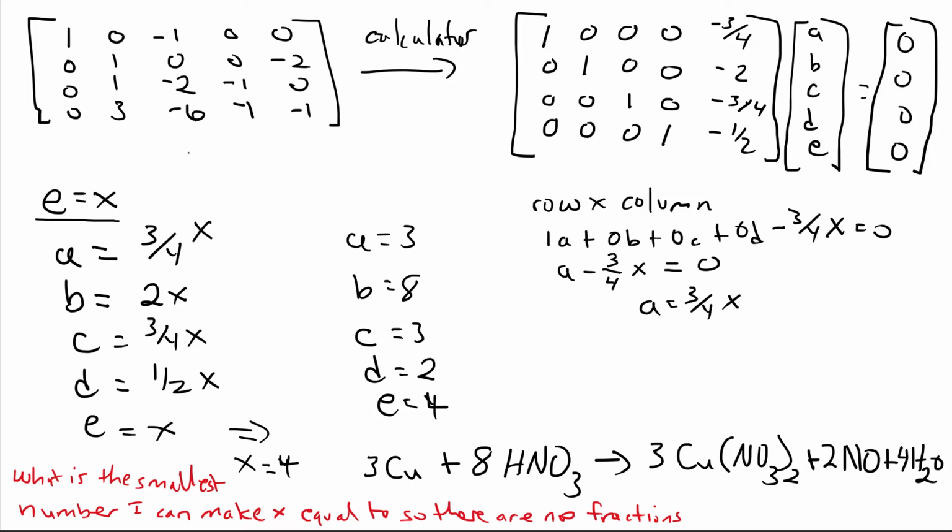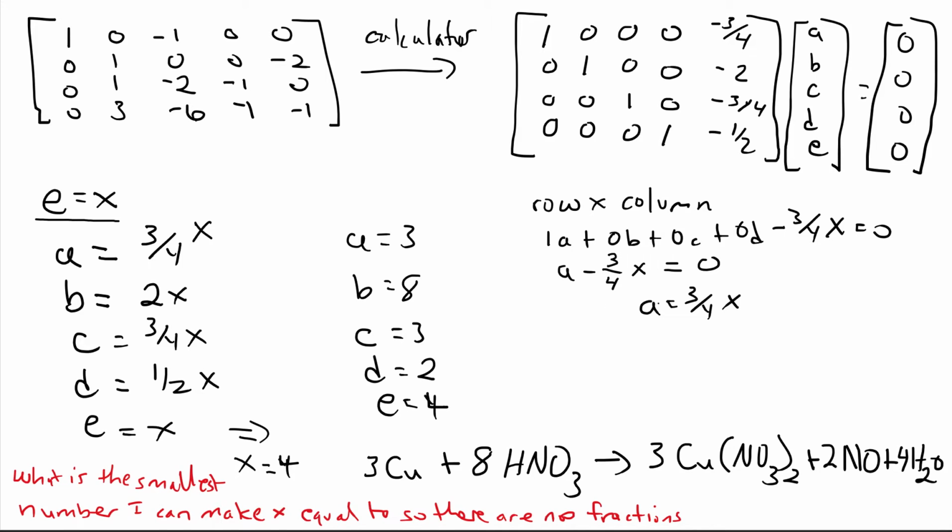And then you just read off the answer, assuming that e is equal to x. Again, you do row times column. So if you do the first row, 1a, 0b, 0c, 0d, minus 3/4 e. But e we said was x, just because we had to have some variable for it. It's unknown.